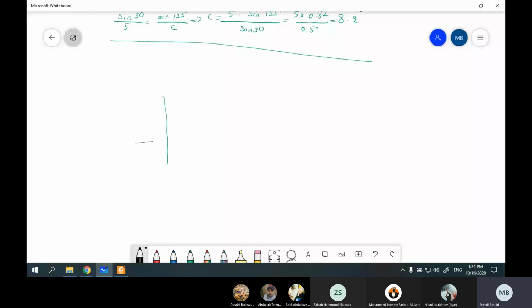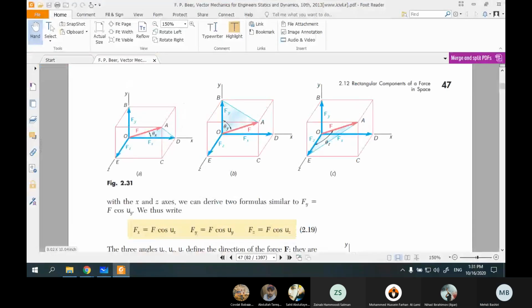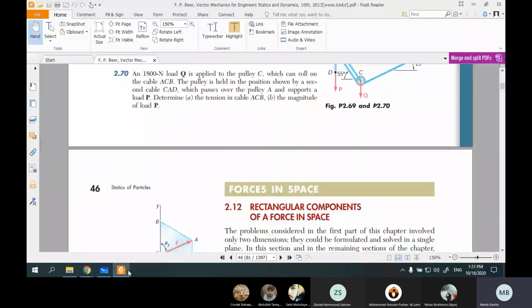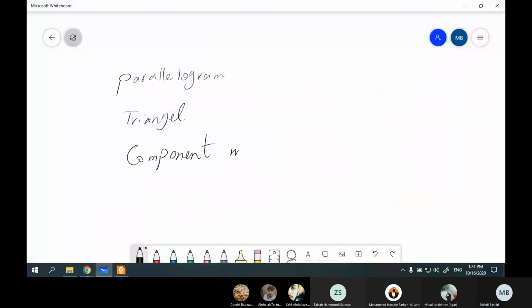So far, we talked about the parallelogram method, triangle method, and the third method. In the third method, we find, or you can say, the component method.